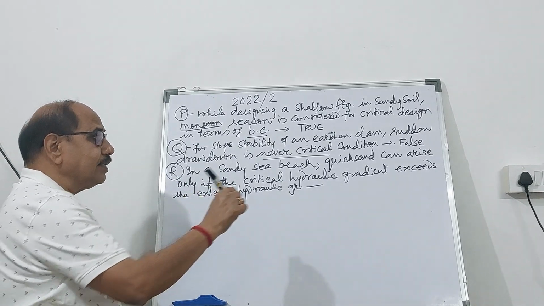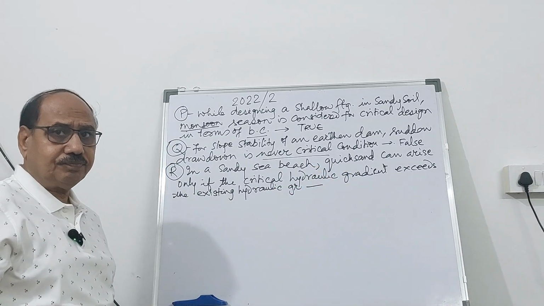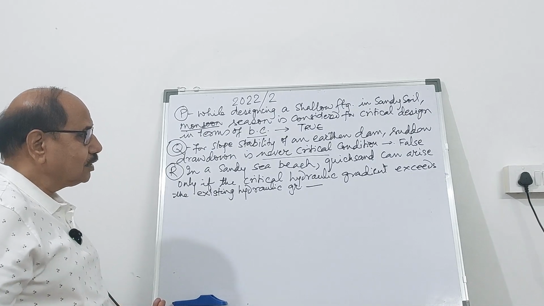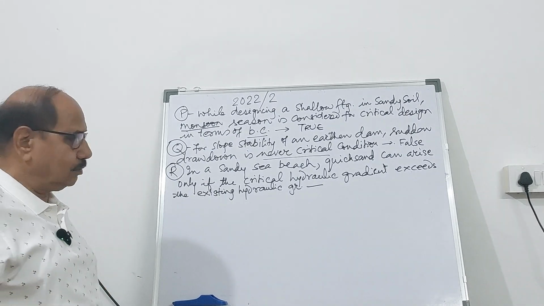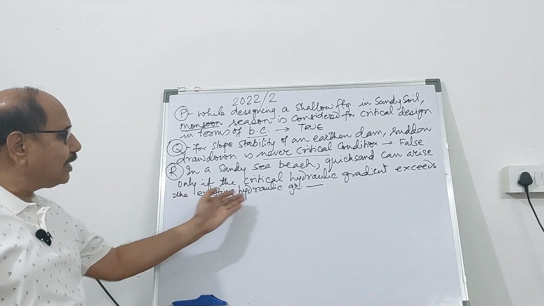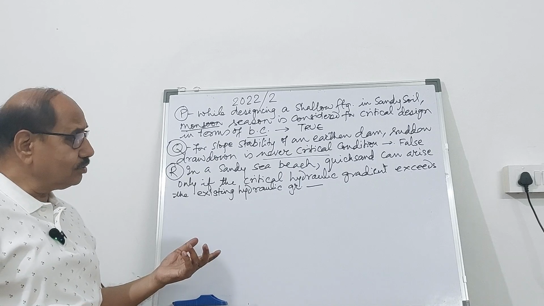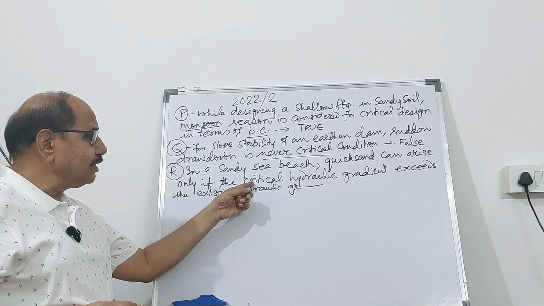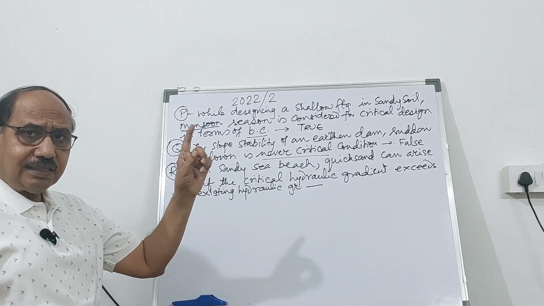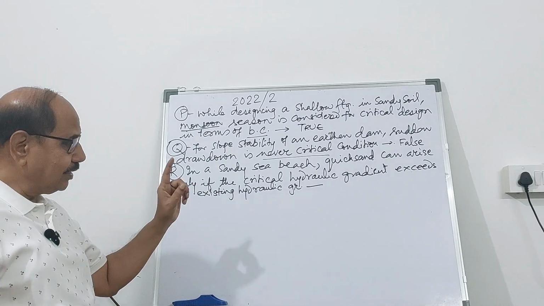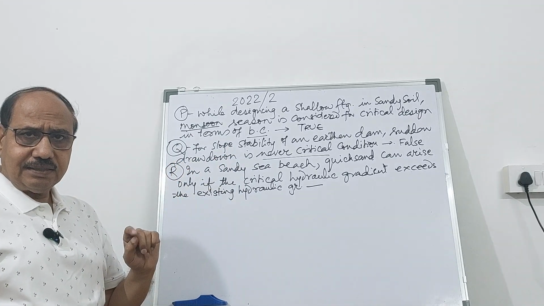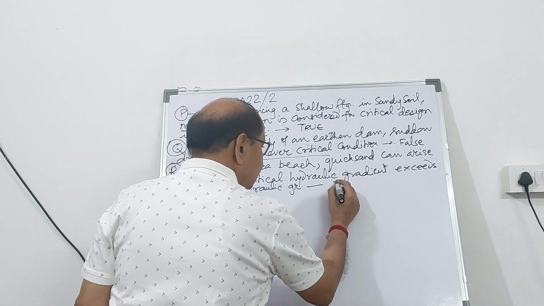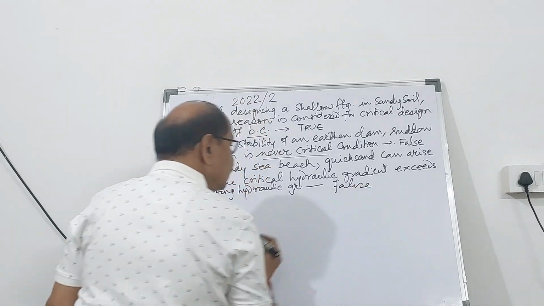And it leads to a condition known as the quicksand condition. And the upward force and the downward pressure become equal. So it has nothing to do with the existing hydraulic gradient. It's a condition. So the critical hydraulic gradient is a condition where the value of i critical becomes unity. And therefore, it's a false statement.